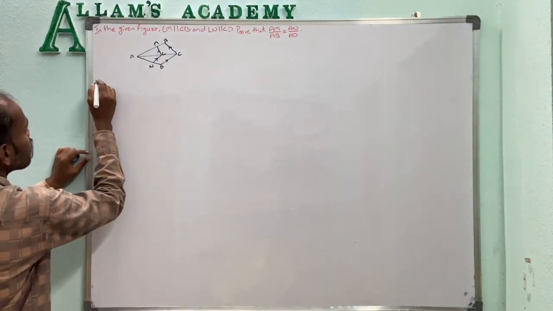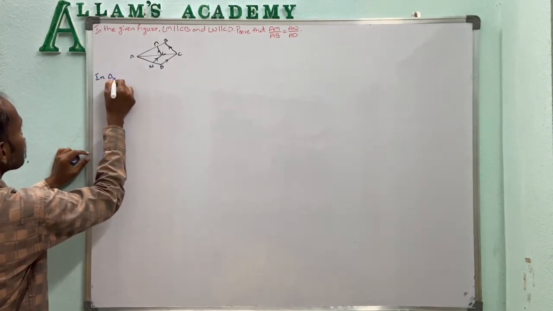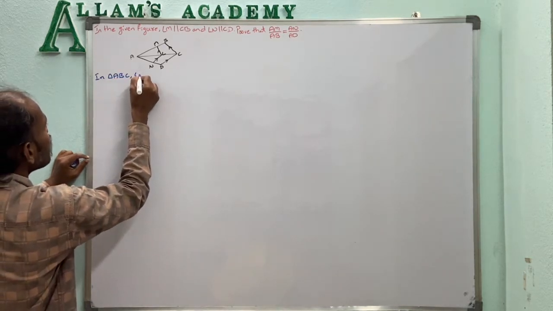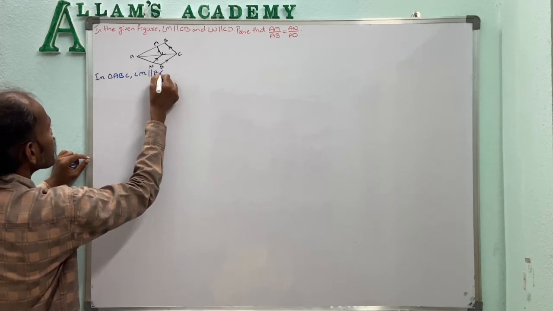Okay, so in triangle ABC, LM is parallel to BC.